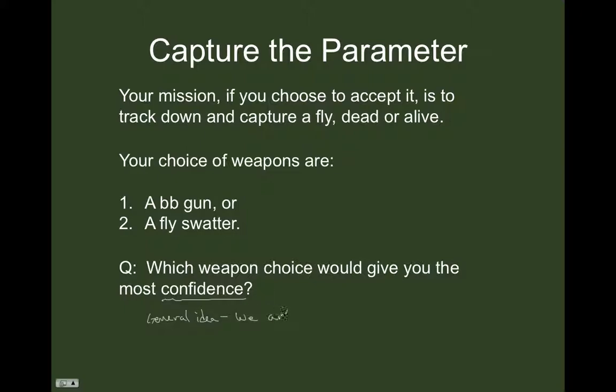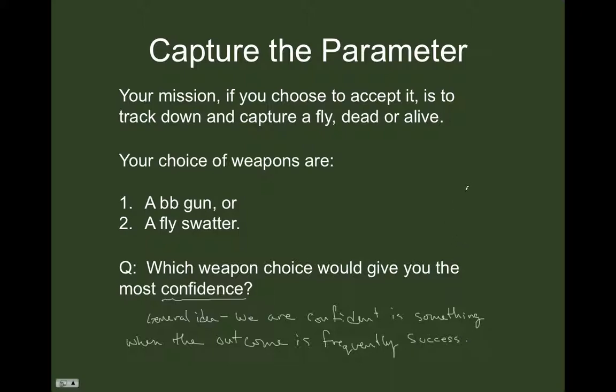We are confident in something, whatever it might be, when the outcome is frequently success. So in this example, this analogy, capturing the fly would be success.